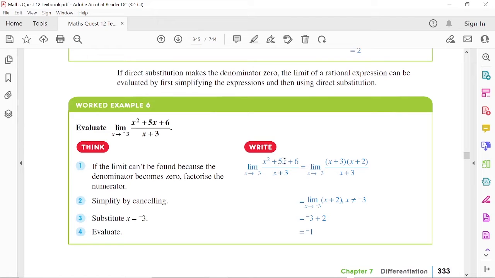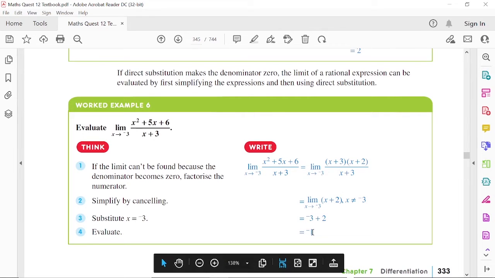And so if we look at the numerator, being a quadratic, a nice straightforward one, we can factorise into x plus 3 and x plus 2, which means that we can cancel our x plus 3s out and we're just left with x plus 2. Then if we substitute the x with -3, we end up with a value of -1.